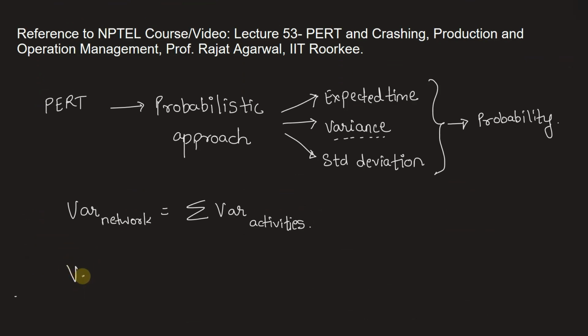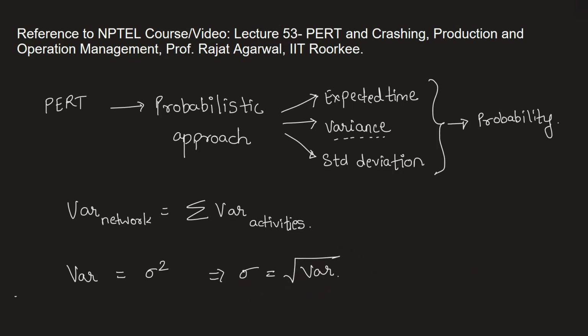Now we know that variance is equal to the square of standard deviation. Standard deviation is equal to root over variance. Once we calculate the variance of the network or variance of the critical path, we can calculate standard deviation by just taking the square root.